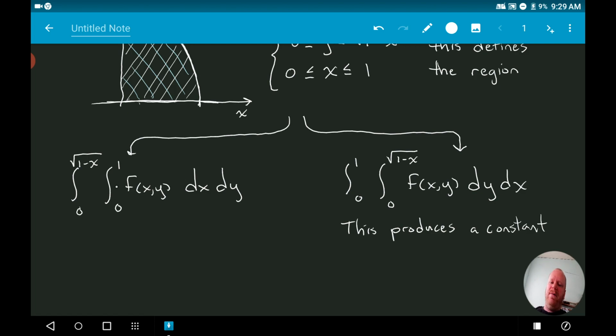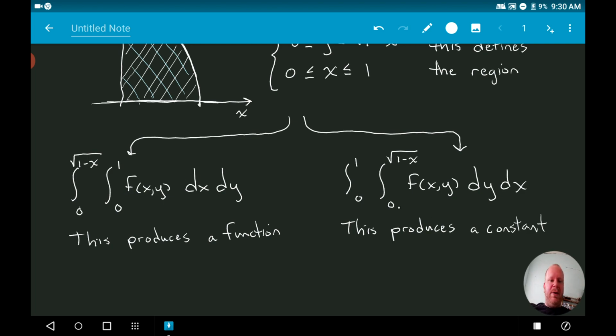But when I look over at this one, I'll do this interior integral first with respect to x. And then what I'm going to be left with when I evaluate this y integral is some function. So this produces a function of x when we solve the total integral.